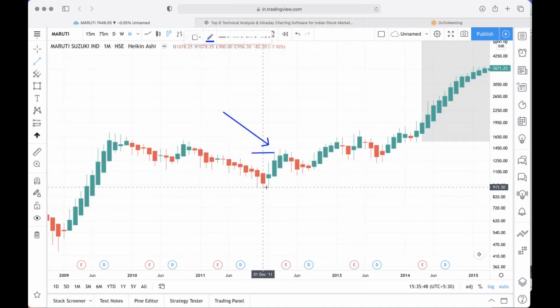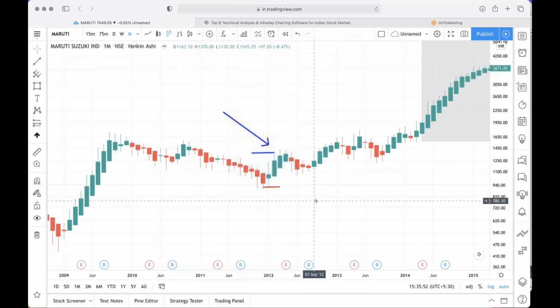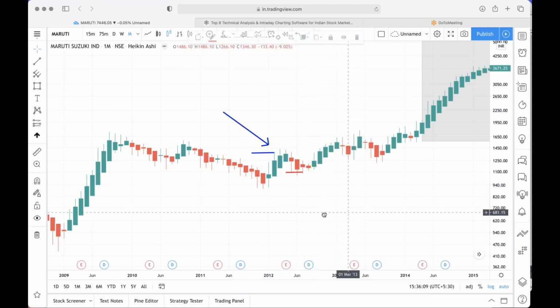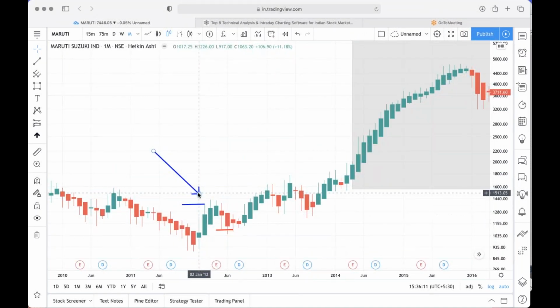We would have kept a stop loss here as we had planned. 2 months it went without any lower shadow, we were fine. Then third month, all of a sudden it created a lower shadow and we are out. Now this gave us a little bit of loss from 1370 to around 1100. Loss number 1. Okay, let's move on.